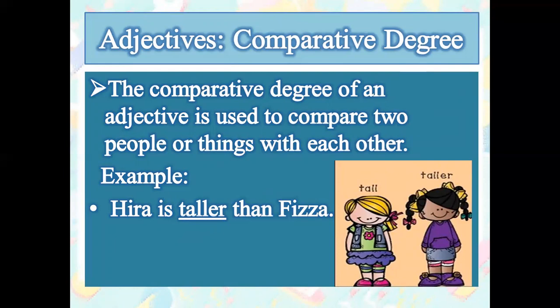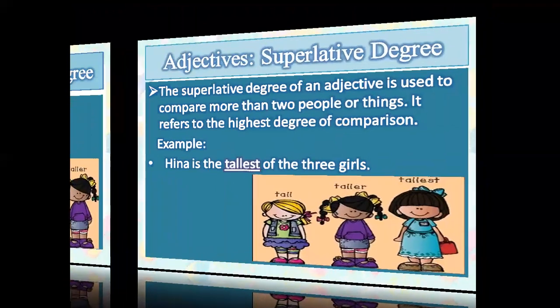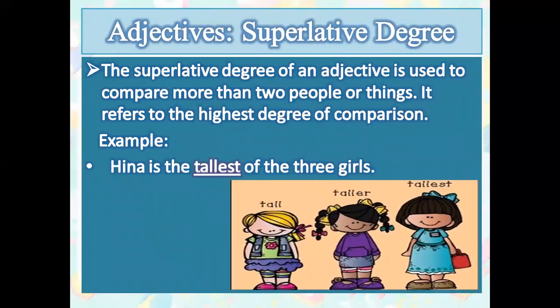Now, let's see about the superlative degree of an adjective, which is used to compare more than two people or things. It refers to the highest degree of comparison, right? As we can see in the picture, the example says, Hina is the tallest of the 3 girls, right?